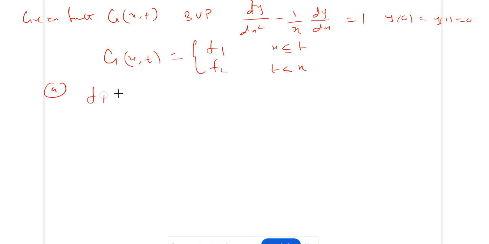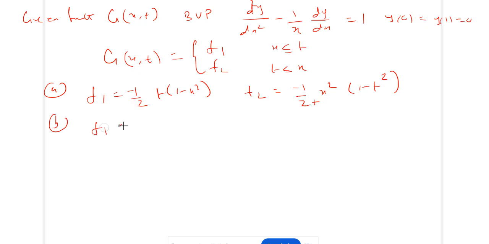Option A: f1 is minus 1 by 2t into 1 minus x square, f2 is minus 1 by 2t into x square into 1 minus t square. Like these, options are given. Option B: f1 is minus 1 by 2x t square into 1 minus x square and f2 is minus 1 by 2t x square into 1 minus t square.